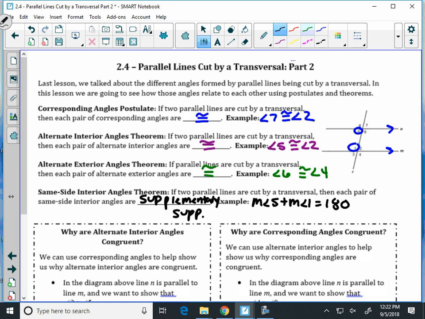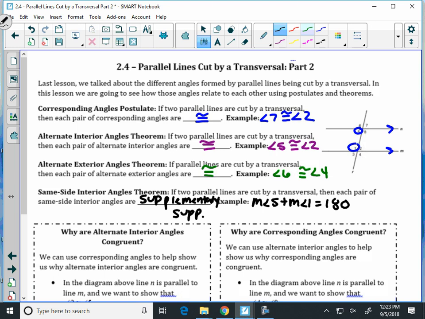So why are these certain angles congruent? Someone didn't just sit down and say, I think they are, so therefore they are congruent, and everyone's going to believe me. No. Someone had to sit down and do some math to show why these angles are congruent every single time.